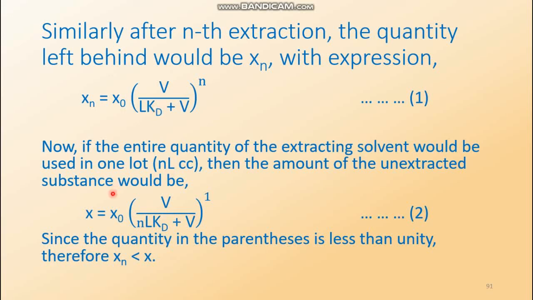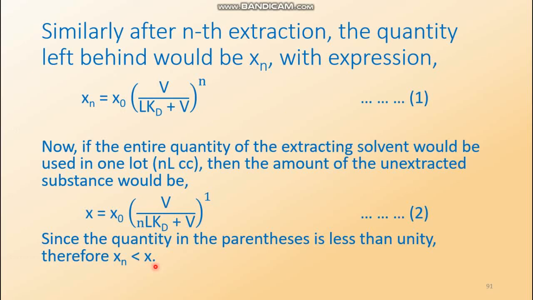That means X is greater than Xn, that is, Xn is less than X. So the unextracted solute in the main solution is less if you perform the operation in portions, at least in 2 operations instead of 1. And if you increase the number of operations, divide the solvent in 4 parts, then n would be 4. Divide the solvent in 10 parts, then n would be 10, and the unextracted amount would be much lesser than in the operation you perform by using the overall solvent in one lot.